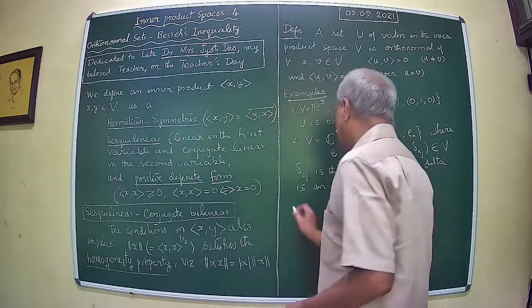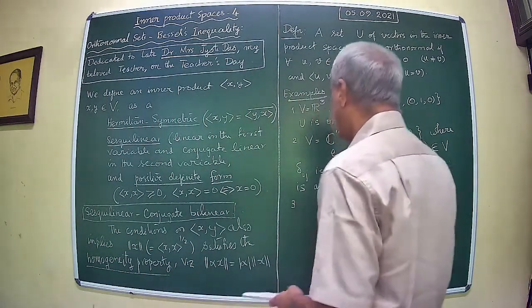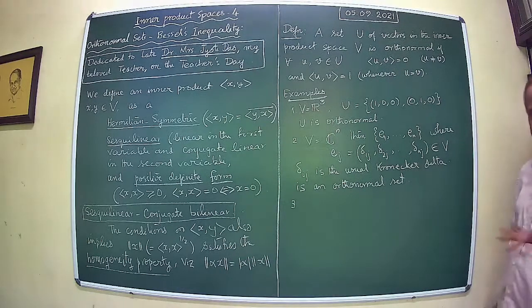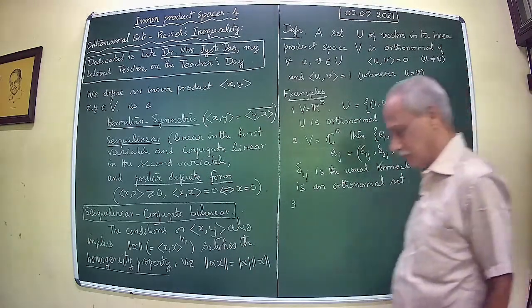The third example is that it could be infinite. There are several examples that you can give in this regard.